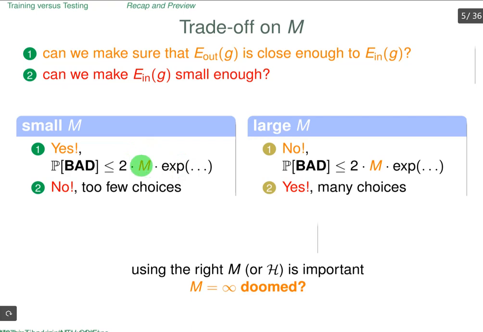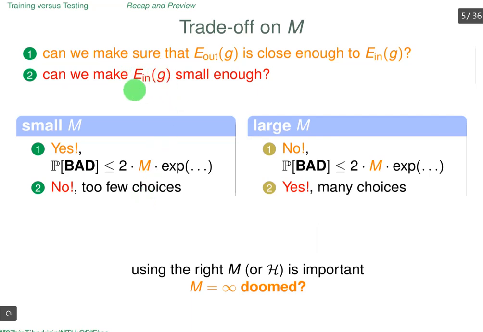So if m is small, we can make the probability of a bad event smaller, which is equivalent to out-of-sample error being close to in-sample error. To the second question, can we make in-sample error small enough, if we have a small number of hypotheses m? No, because we will have too few choices in sample.